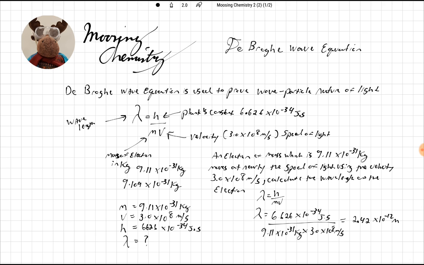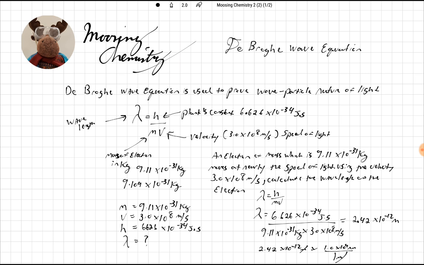Just out of curiosity, I wonder what that would be in nanometers, and then I can tell you what kind of radiation it is. So I'm going to take 2.42 times 10 to the negative 12 meters times 1.0 times 10 to the 9 nanometers divided by 1 meter. So our meters will cancel out.